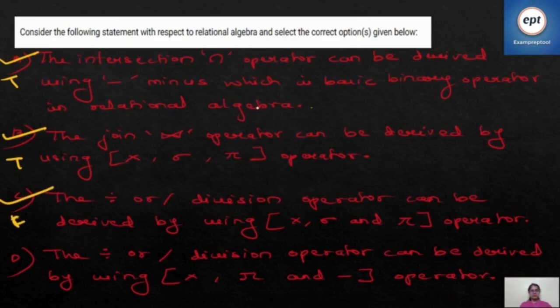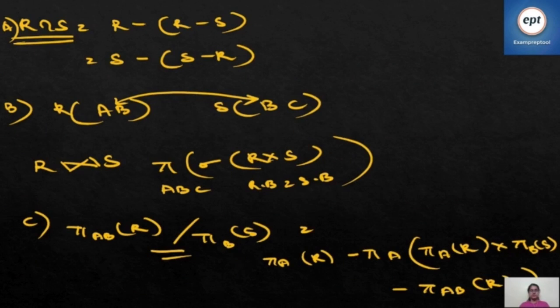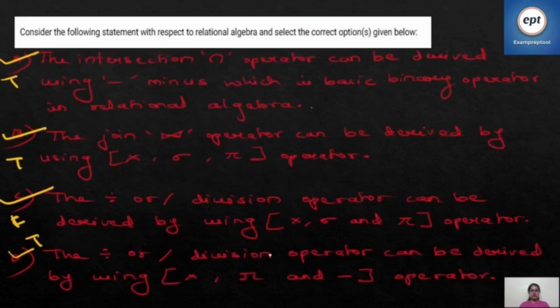From this we can say option D is true, because it says the division operator can be derived using cross product, projection and minus operator, which is true. In this example we used three operators: projection, minus and cross product. So option D is correct. Okay, let's move to the next question.